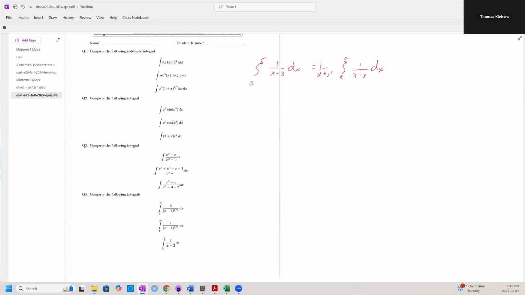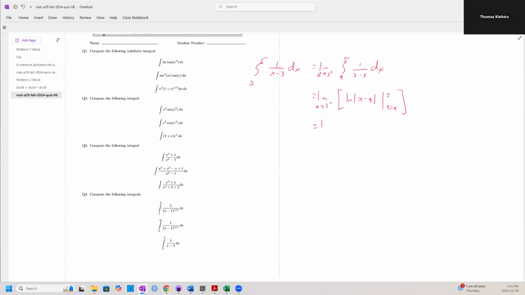This is going to equal the limit as a approaches 3 from the positive of ln absolute value of x minus 3, evaluated from x equals a to 5.